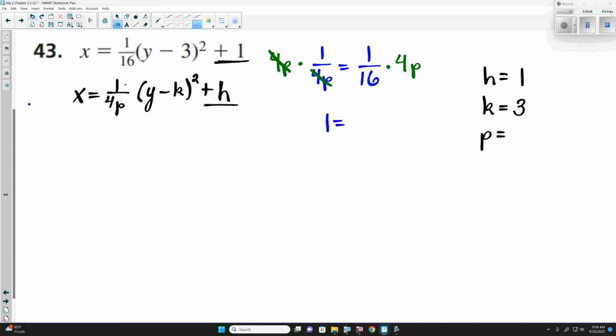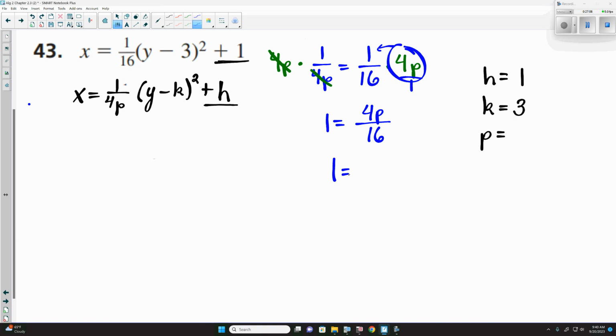So what we did is when we multiply a number by a fraction, it always multiplies with the numerator, because the denominator is 1, we don't write it in. Because if we did, it'd be 16 times 1, and the 1 times 4p is 4p.